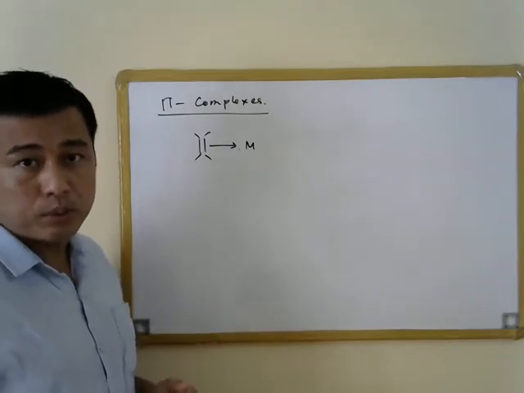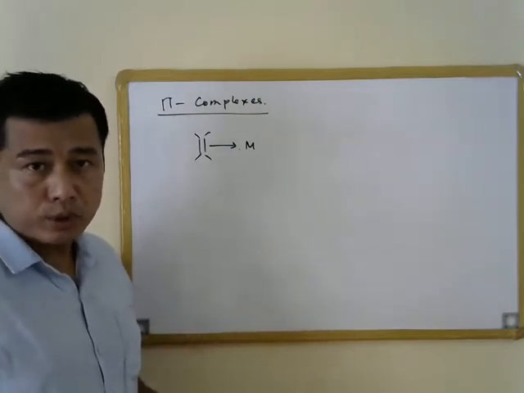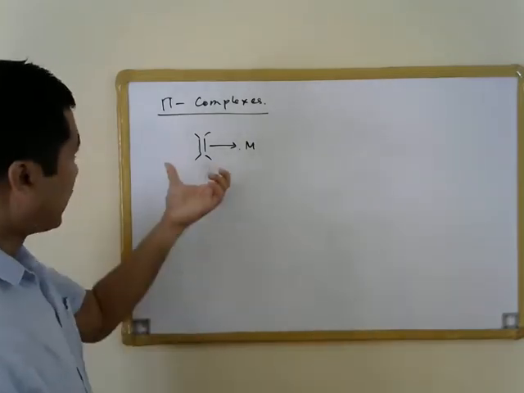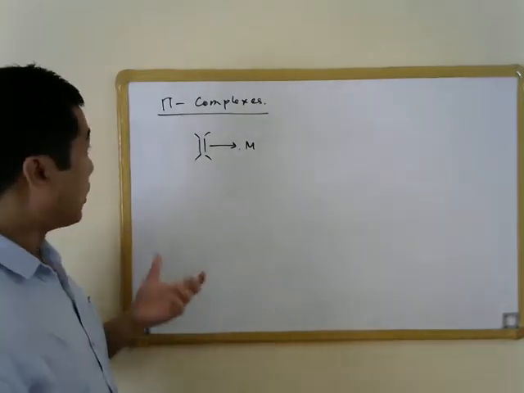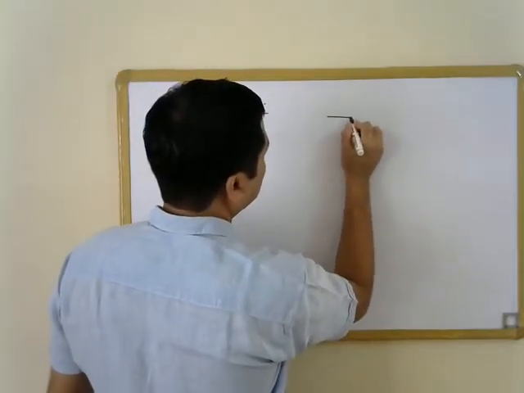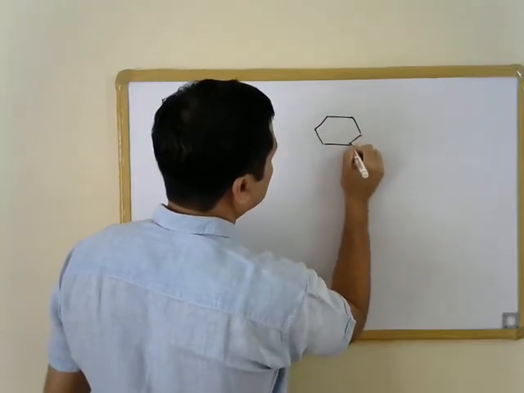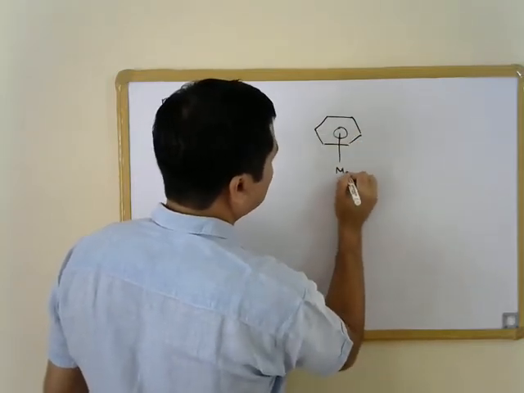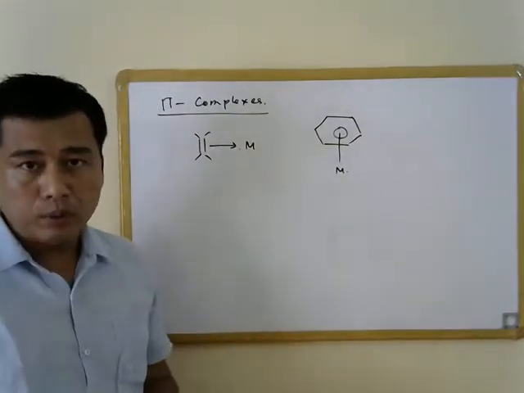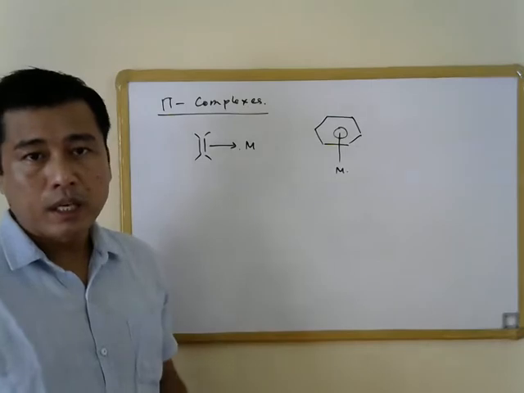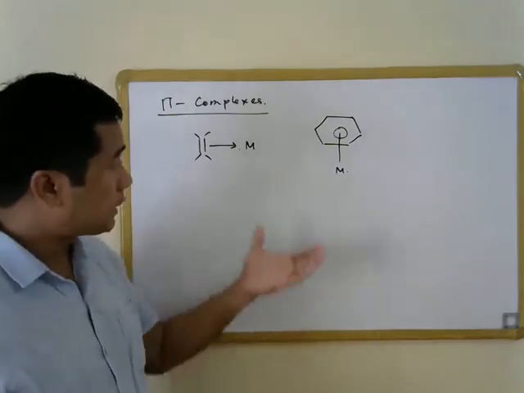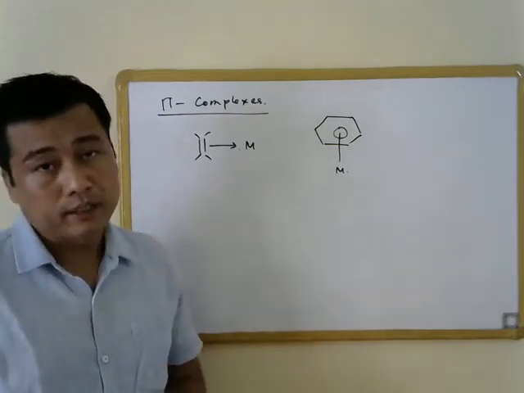We discussed this earlier when discussing metal alkenyl complexes, and they are categorized as pi complexes. Similarly, metallocene complexes or complexes formed by arenes, where the aromatic pi cloud in an aromatic compound is donated to a metal empty orbital to form metal ligand complexes, are also called pi complexes.